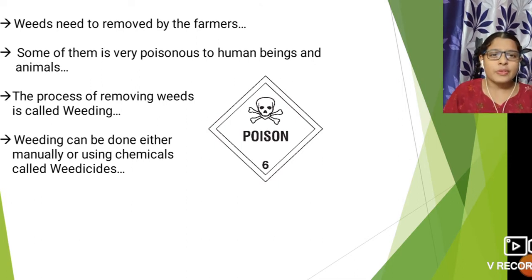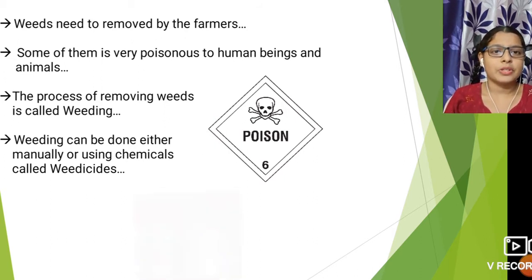The process of weeding can be done manually, that is, using agricultural implements or tools, or with the hands. Or the farmers can also use chemicals, which help to kill these weeds. These chemicals are also known as weedicides. I'll discuss it later, at the end of this video.